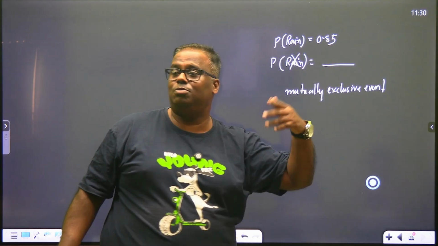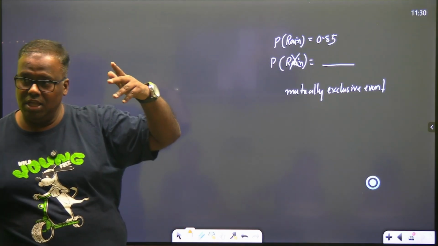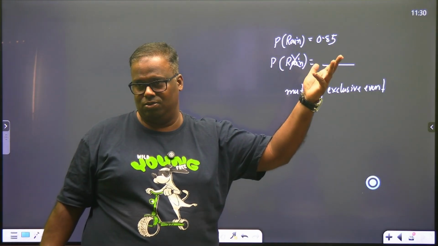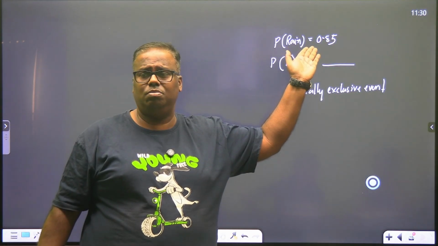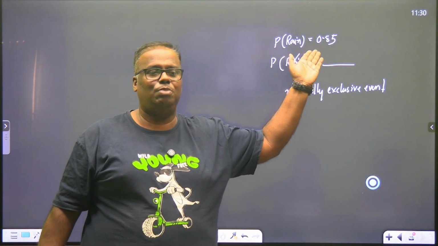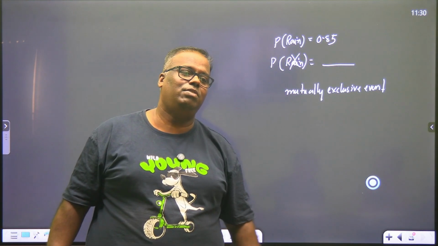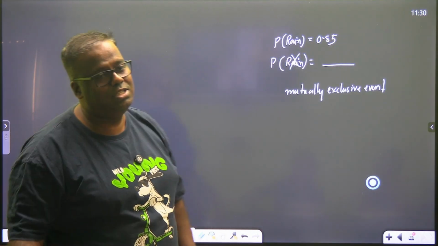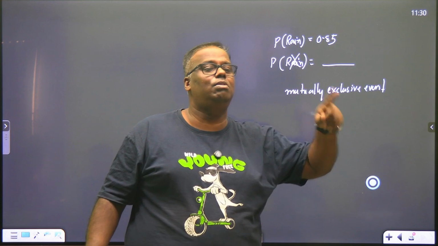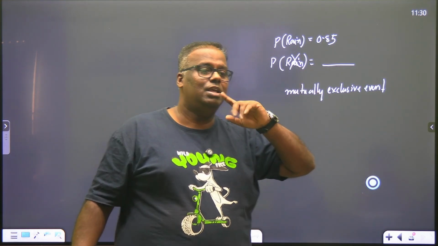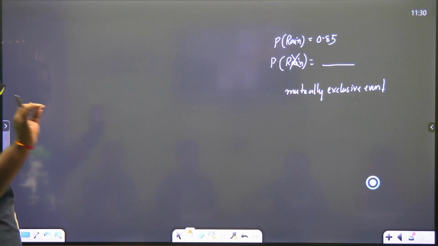Finding Mishka at my house is ensuring she cannot be at her house. If it rains today, it cannot be sunny tomorrow. So if the probability of rain is 0.85, the probability of sunny is 0.15, because both added together should be equal to 1.